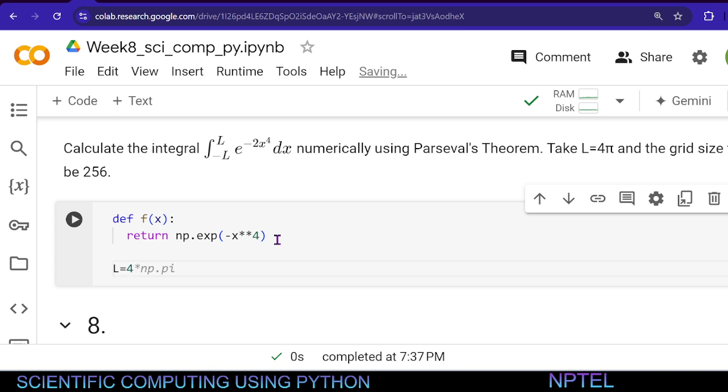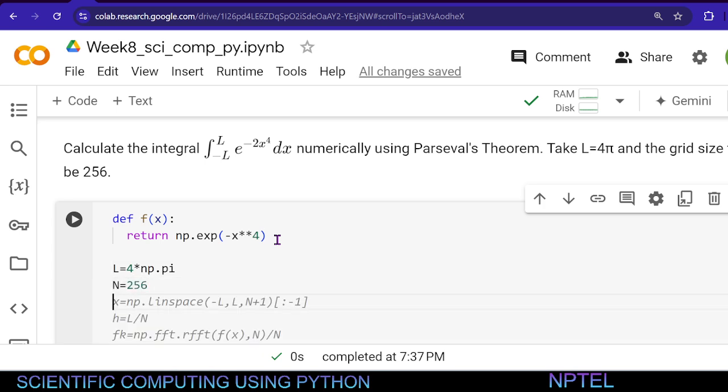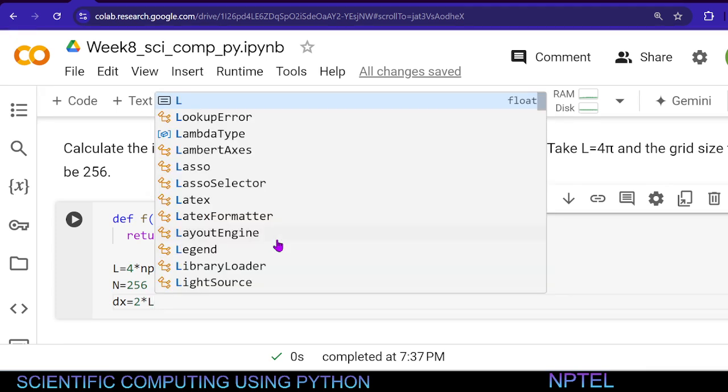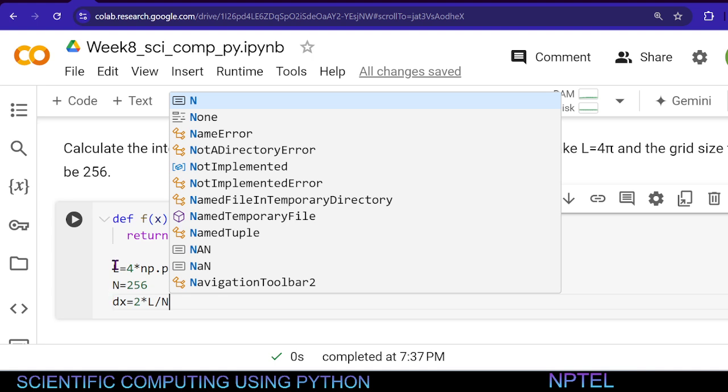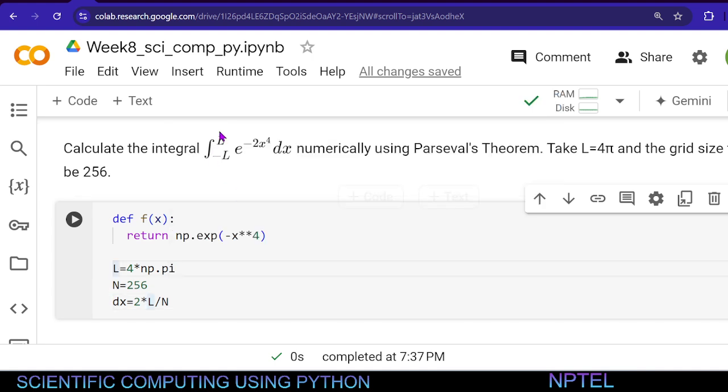So this is our function, and let's just write all the parameters. L is going to be 4 times pi, and the grid size is 256, which means this dx is going to be 2 times L divided by n, right? Don't get fooled by this L being the length. The total length is 2L.